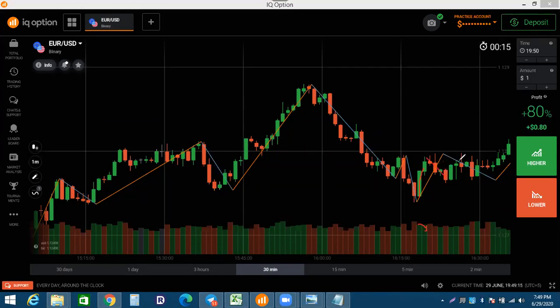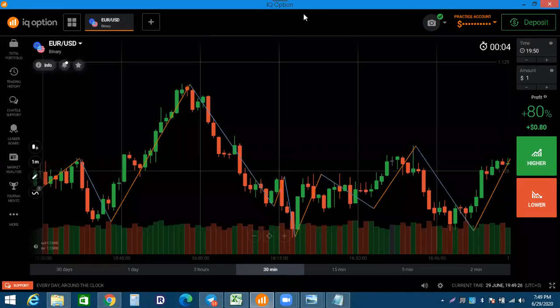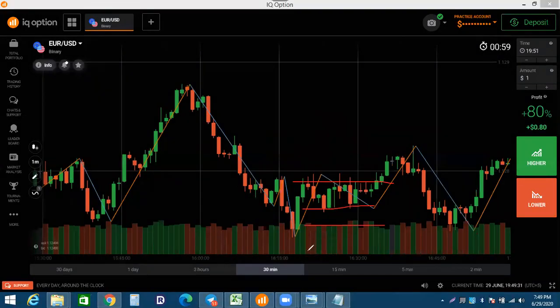So now we found the accumulation area. Because look at the candles and the volume, there is an equilibrium. The volume of the sellers and the volume of the buyers is equal to each other.